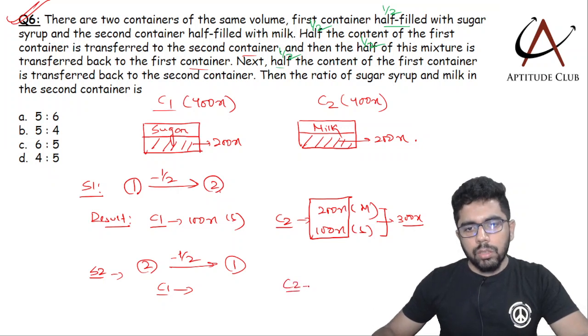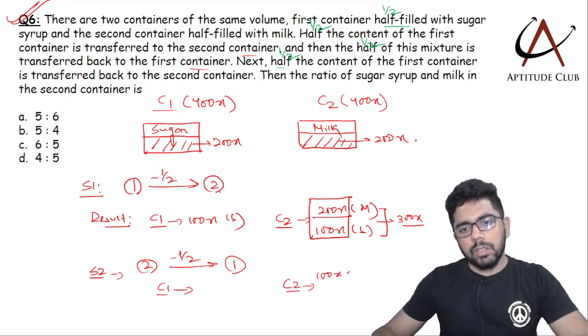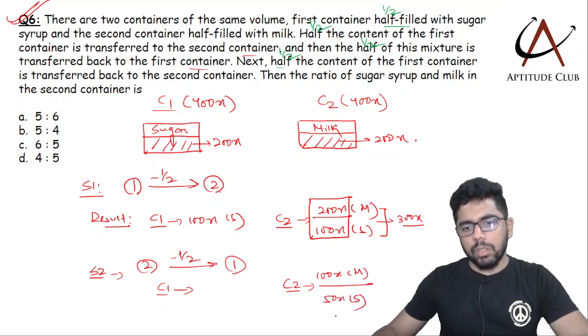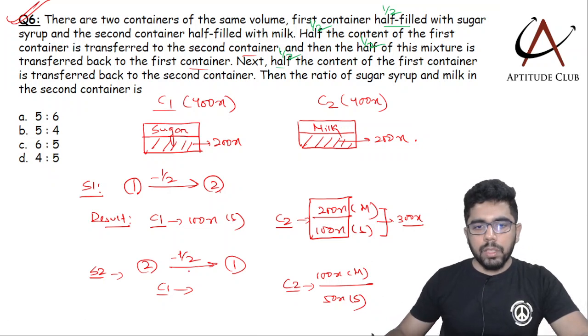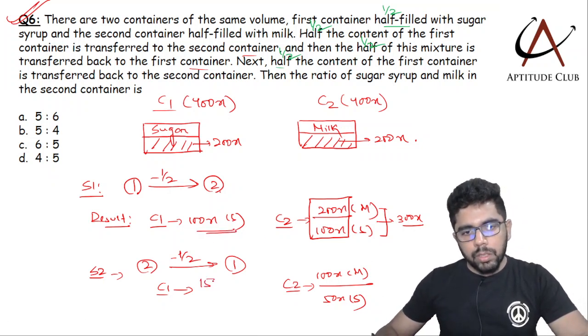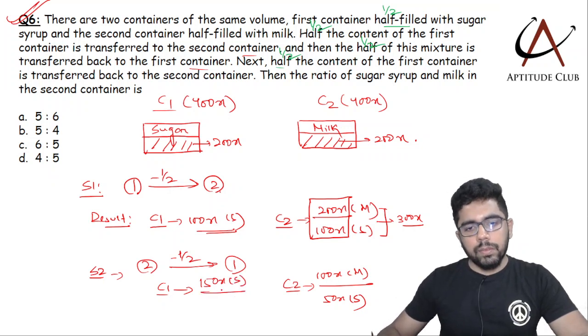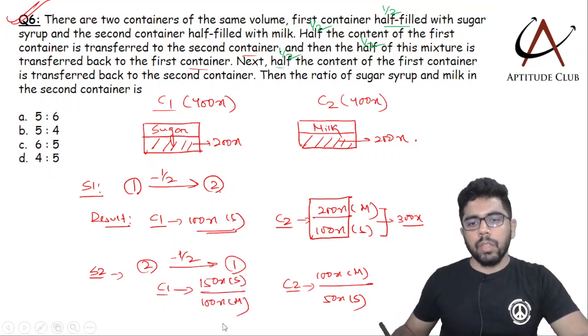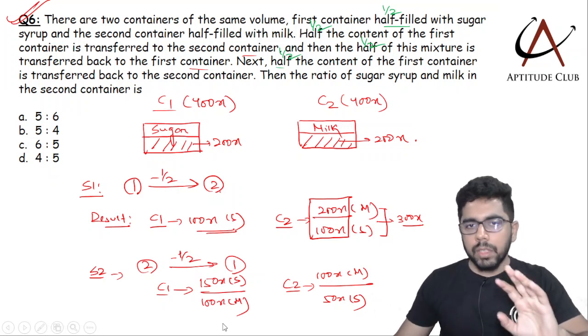Let us write container 2 first. It will be exactly half, so I'll have 100x milk and 50x sugar, and the rest half will be transferred here. 100x sugar and 50x will come here, so I will have 150x sugar and 100x milk. This is the result at the end of step 2.